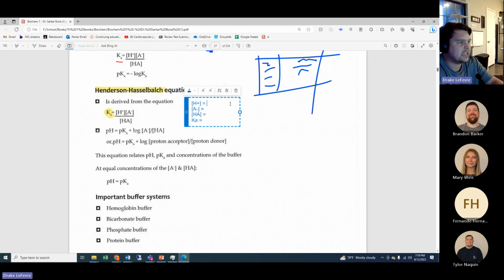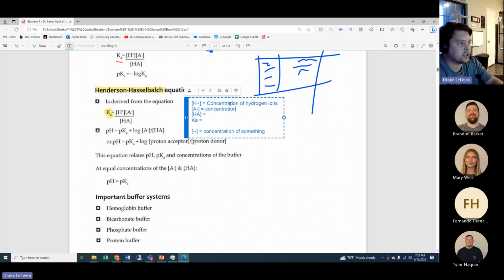Anytime you see brackets, that means concentration. So bracket and then something else equals the concentration of something. H plus is the concentration of hydrogen ions.